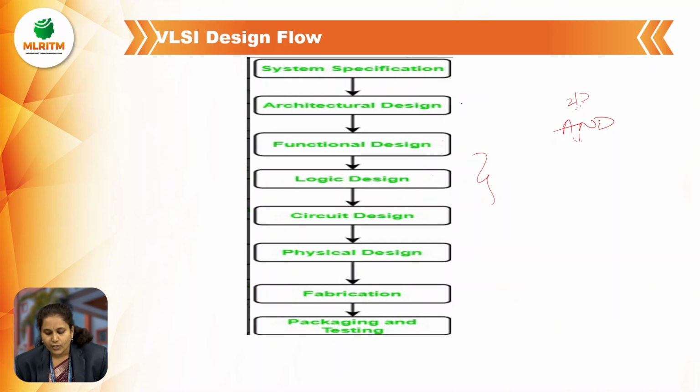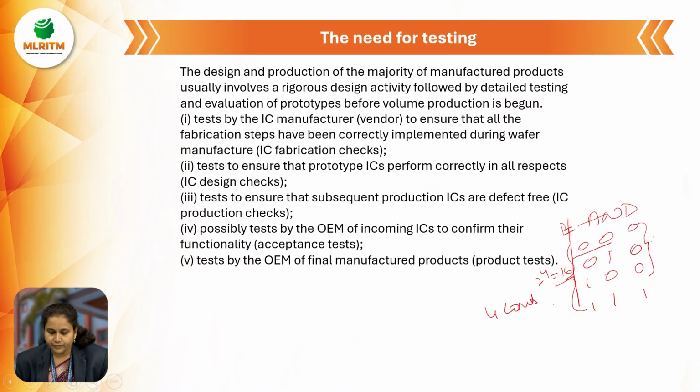From the truth table, the logic, circuit and functional design follow. Based on the truth table, we design a logic diagram. From there we go to the circuit diagram and the physical design. Finally comes the fabrication work.